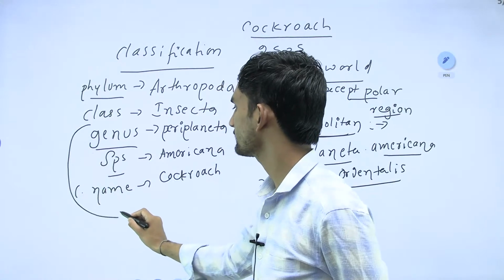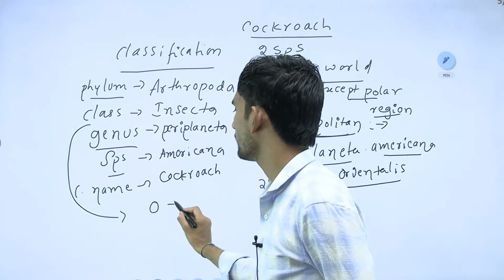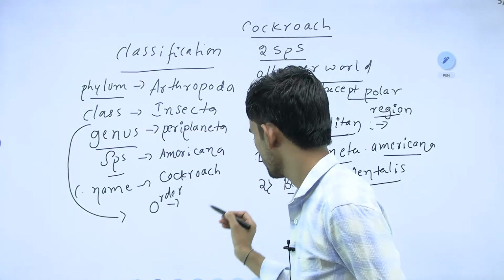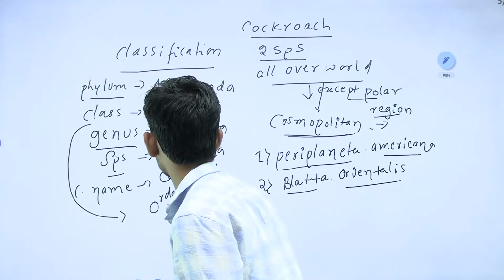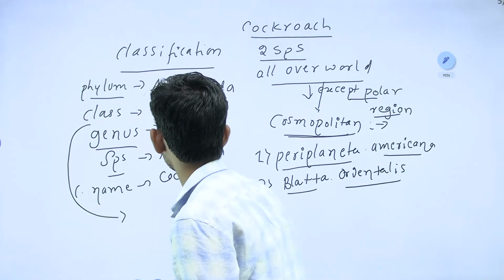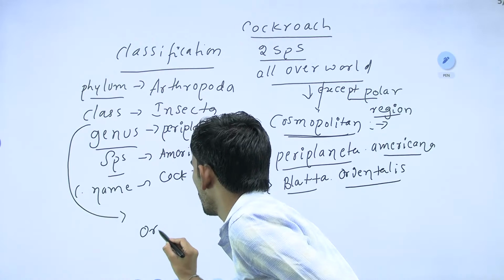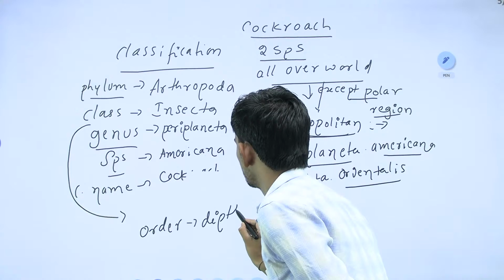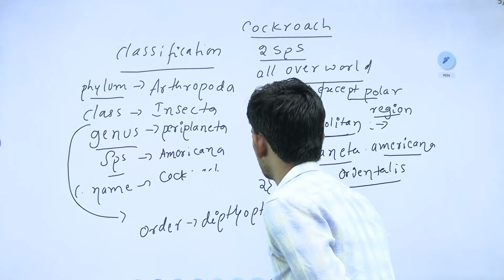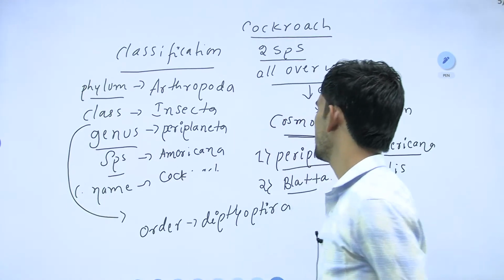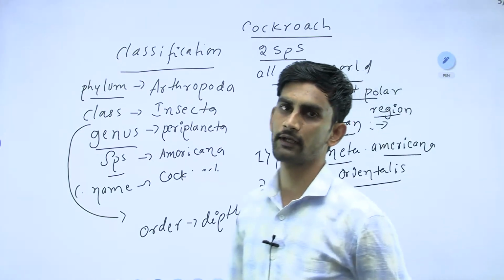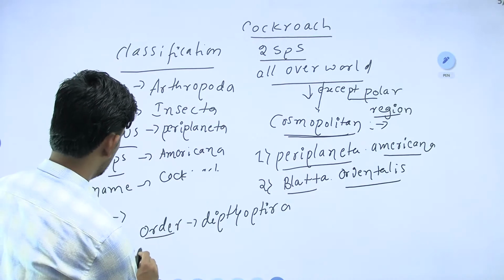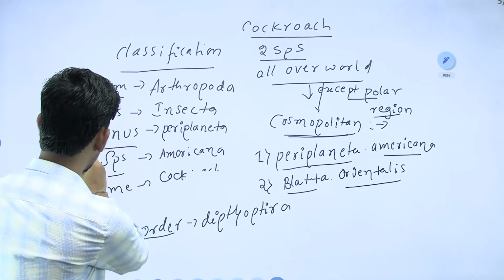If you want extra information, I'll write it on the side here. Next to class, order will come. Order Dictyoptera.